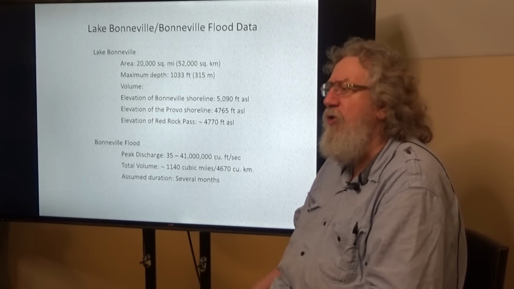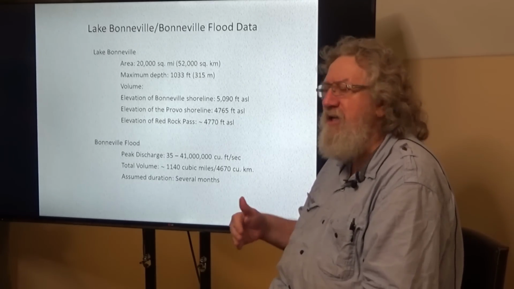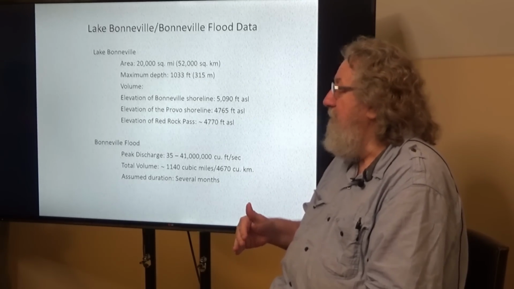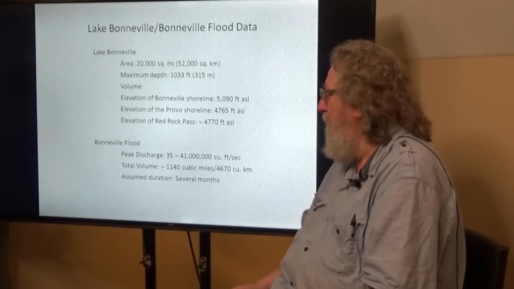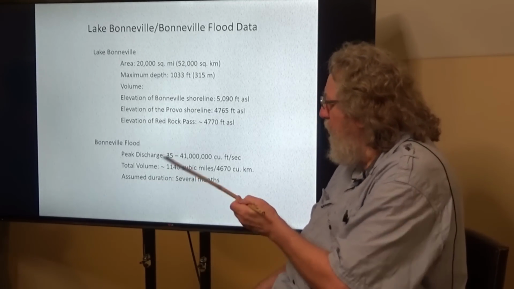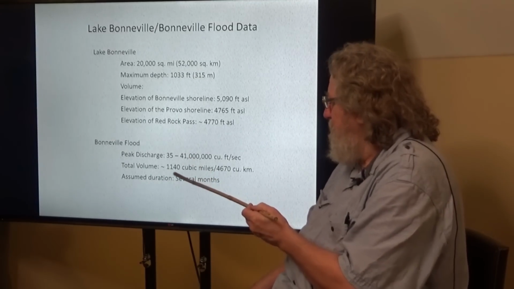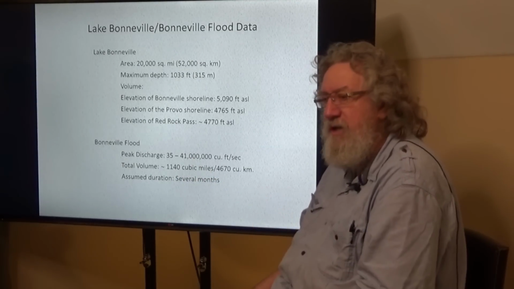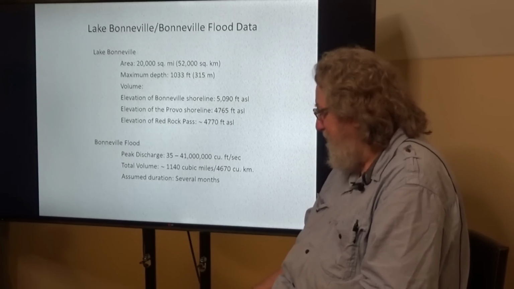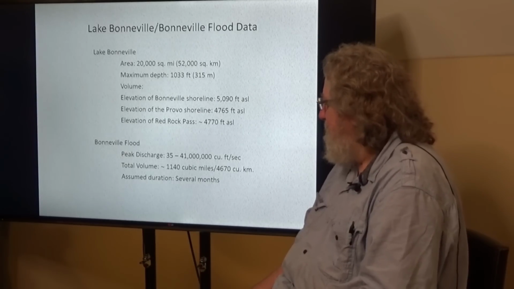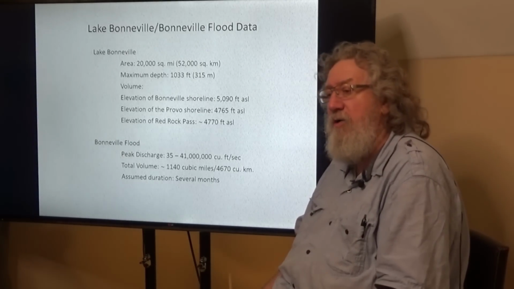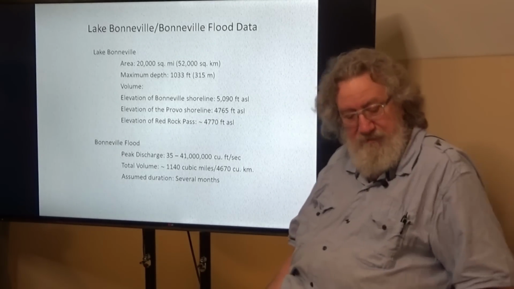It's an order of magnitude less than the Missoula floods, but it's 2 orders of magnitude greater than any modern floods of record. Total volume of water discharged was 1,140 cubic miles, give or take, or 4,670 cubic kilometers of water. That is a lot of water.